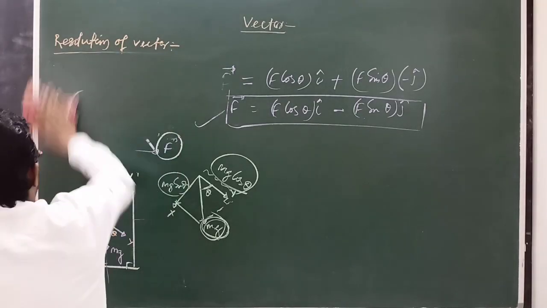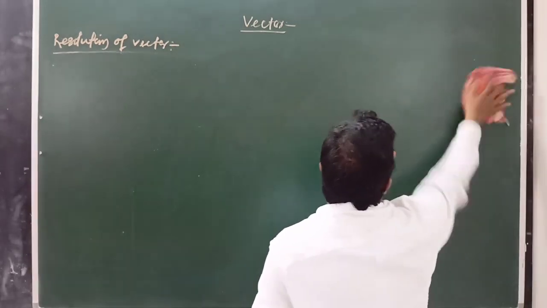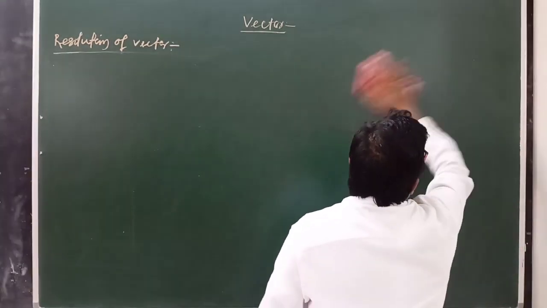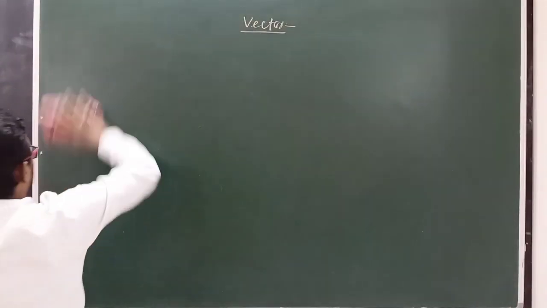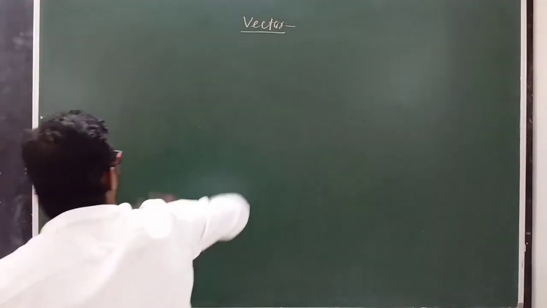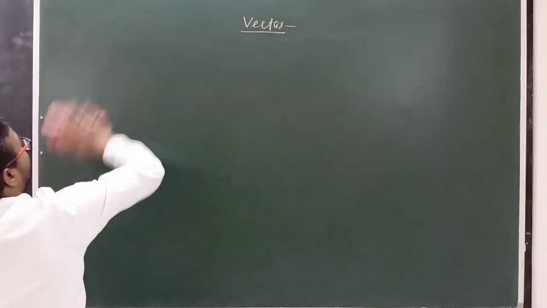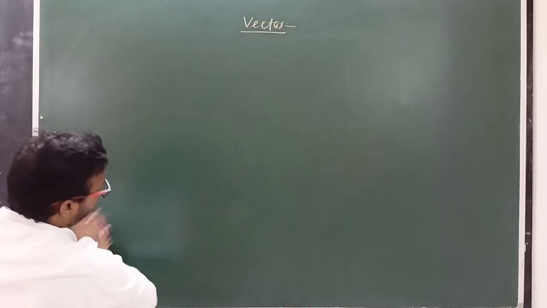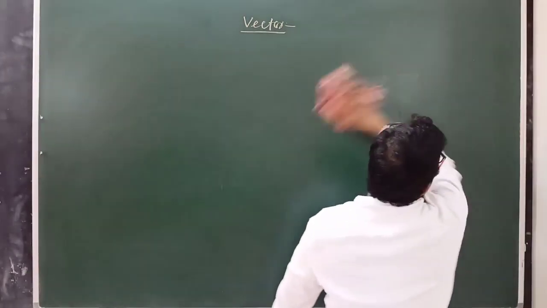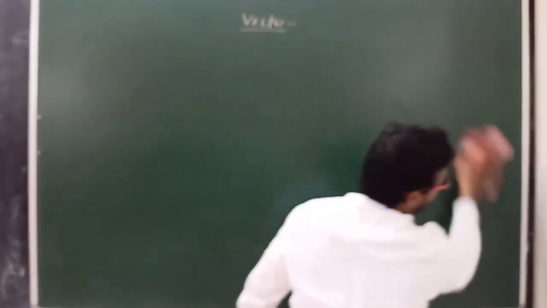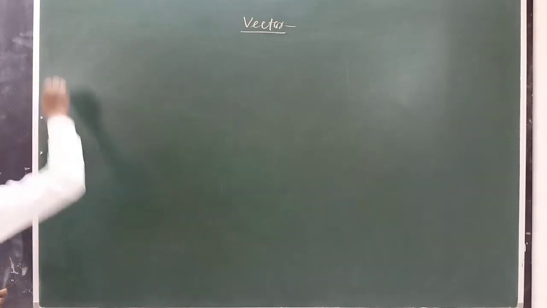So by using this concept you can solve numerous problems regarding resolution of a vector, and this concept is very important when you discuss dynamics or free body diagrams. Clear? So you have to remember this concept and how to solve different types of numericals. Clear? Next we will start position vector.